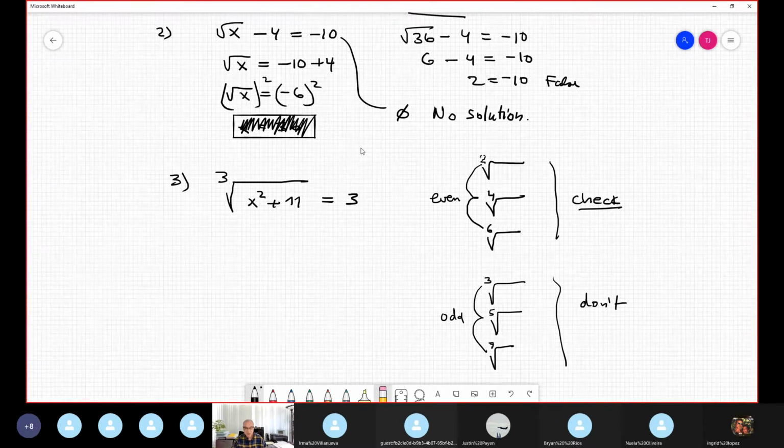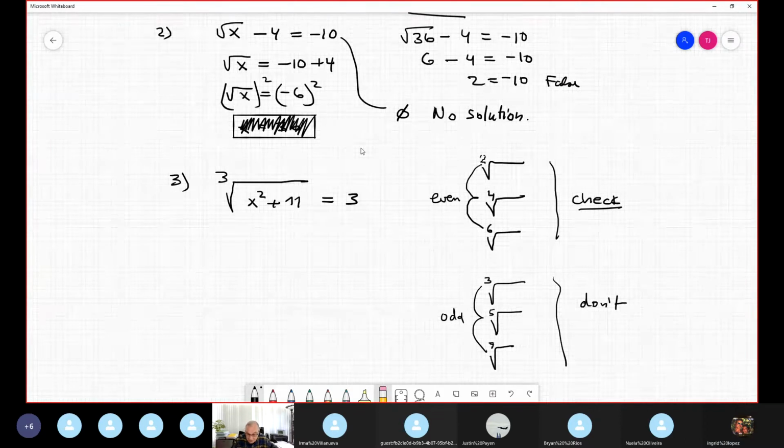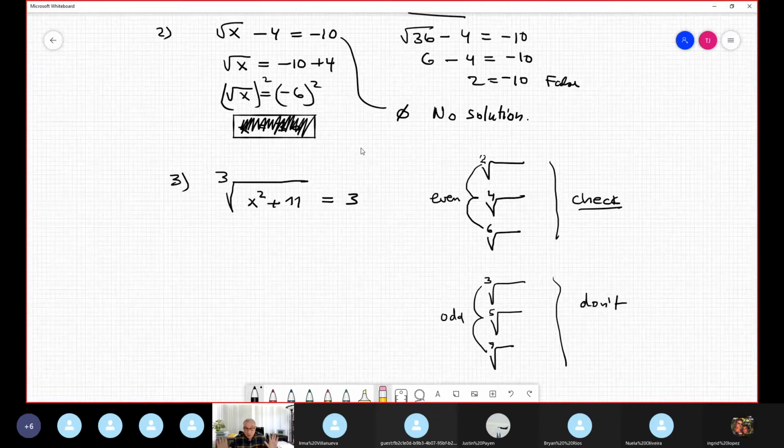So checking is not necessary. For example, in this problem, when you finish solving it, you can check it perfectly, but in algebra it's not mandatory. In this number 3, which is odd, we don't have to check. However, if you want a buffer, no problem.